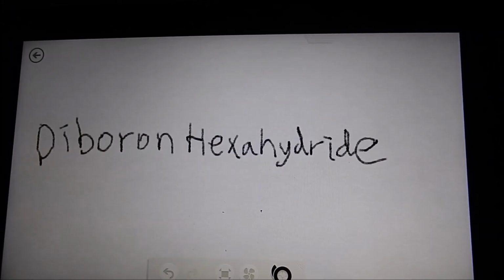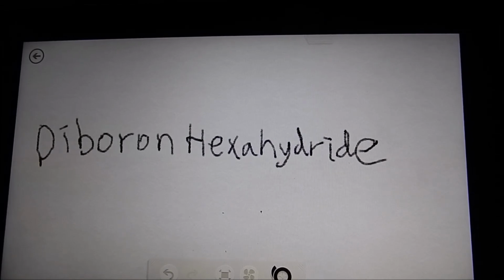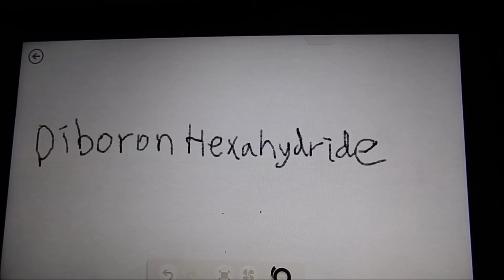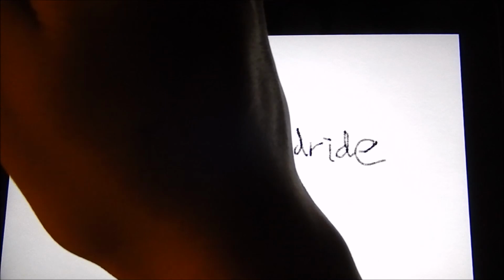Our last one to practice will be diboron hexahydride. The first element tells us that it has a prefix of di, which means that there are 2 boron atoms.